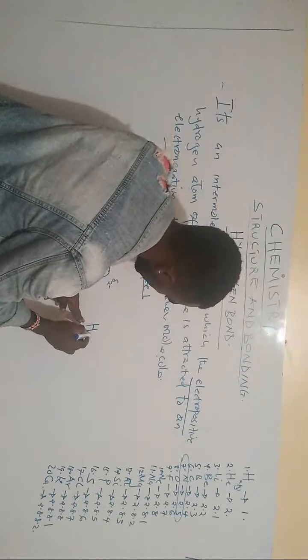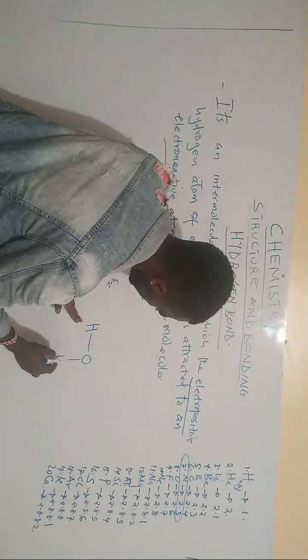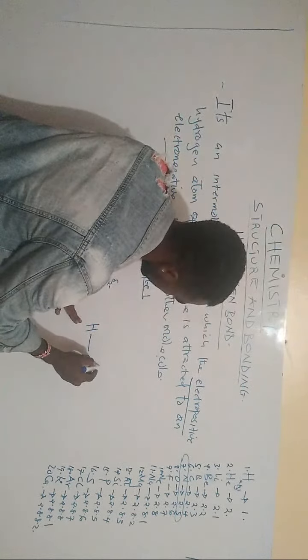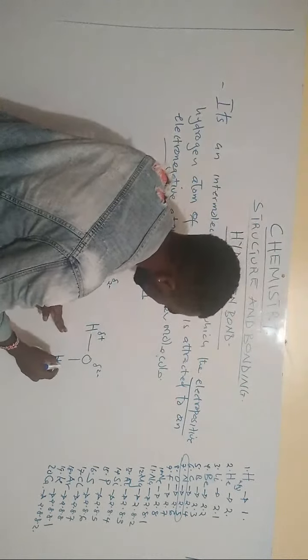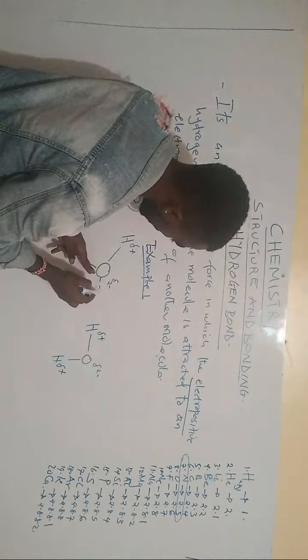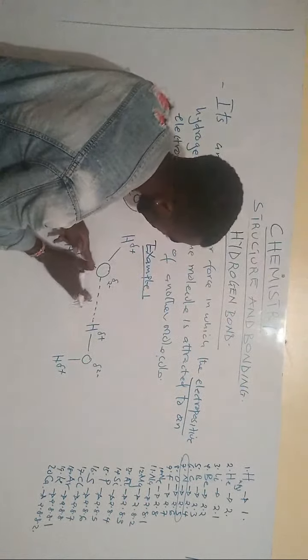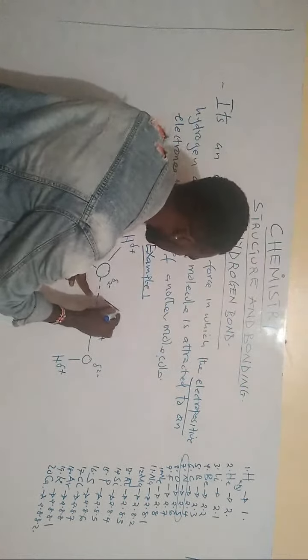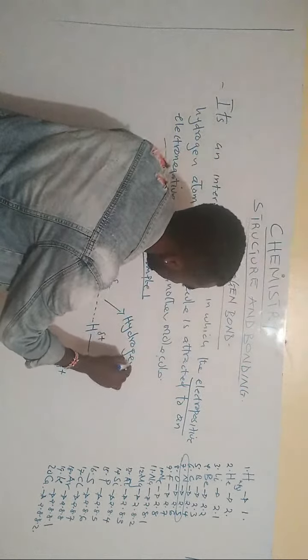We have water, to show the electronegative and electropositive atoms. Now the bond between these two, the electropositive atoms and the electronegative atoms, this one here is what we call the hydrogen bond.